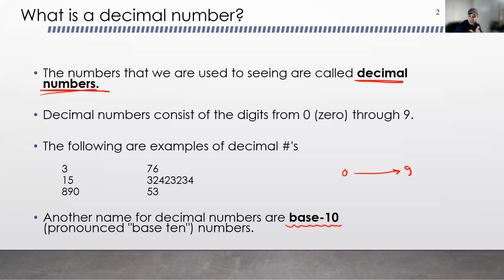From these 10 different shapes, that's why they call it base 10, you can construct any number. And here are examples, where you can see the digits from 0 up to 9. That's why they call it base 10.